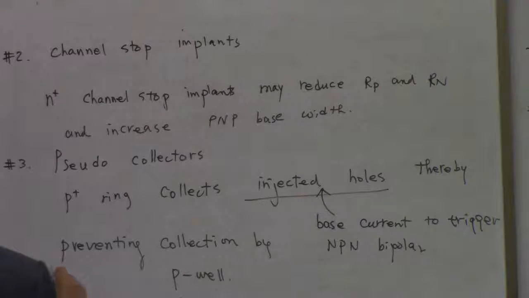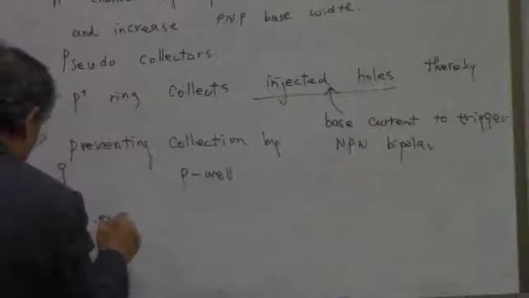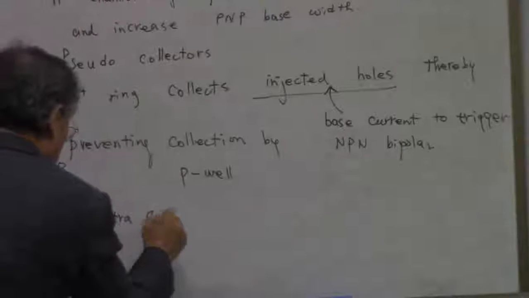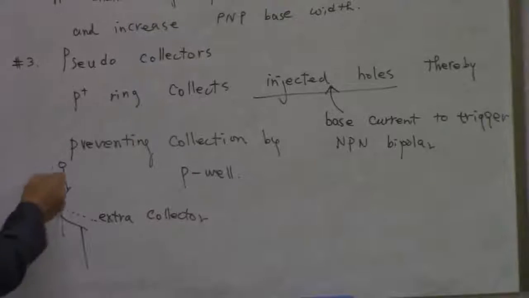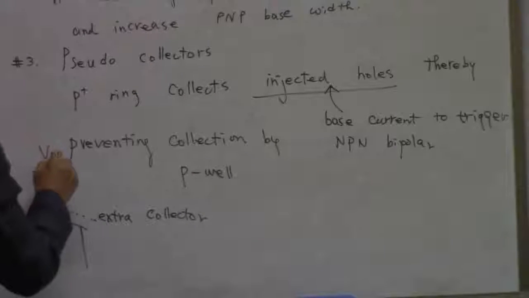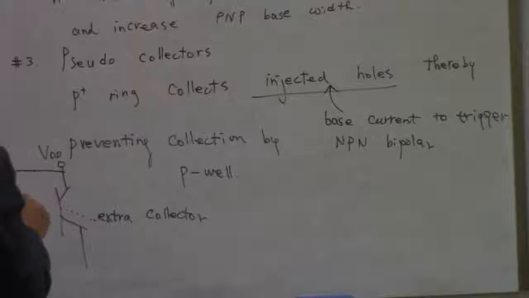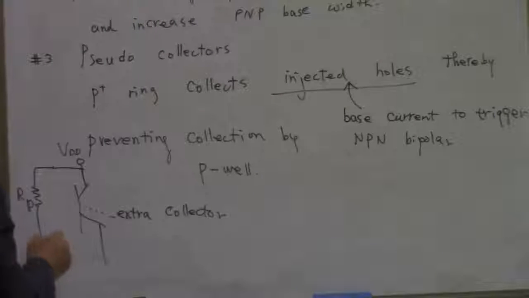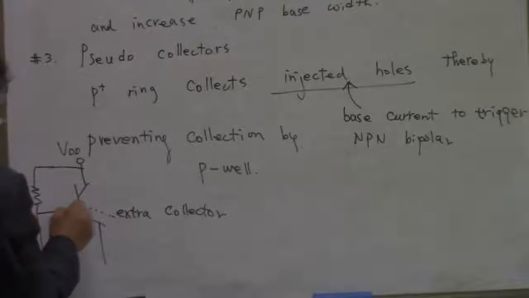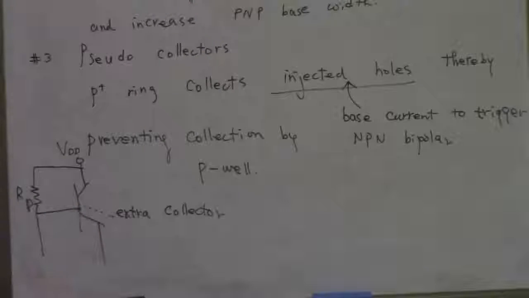So you can see that for this bipolar, you have an extra collector. You're going to build the extra collector right here. This is the VDD and this RP. Okay. And this connections.